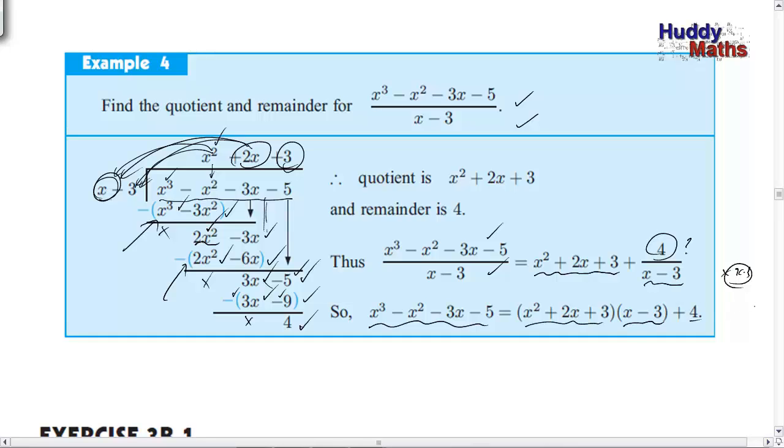Just remembering what we're doing, we're multiplying that side by x take 3, this by x take 3, and this by x take 3, and so you end up with this alternative statement. So in the problems coming up, I want you to write the quotient and the remainder like this, and then the two forms, both of these forms, which explain the relationships between those.